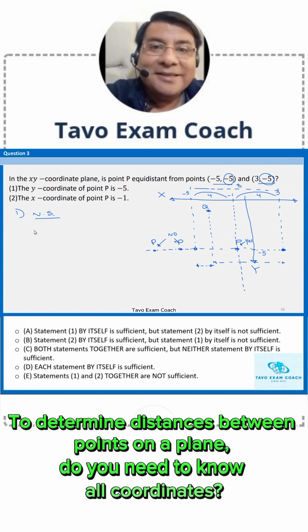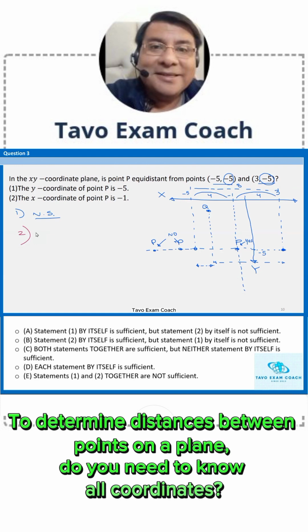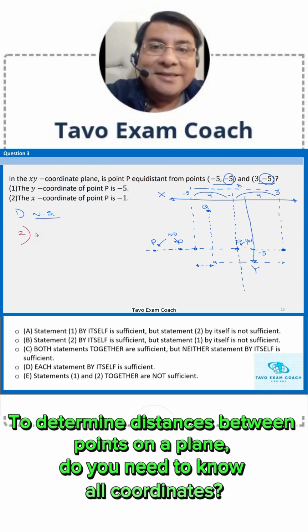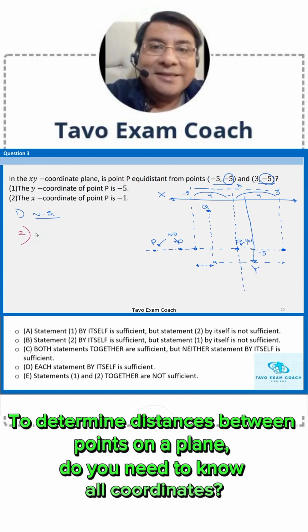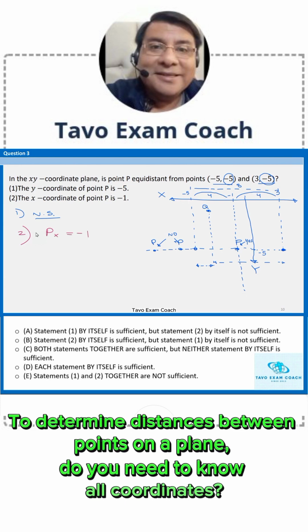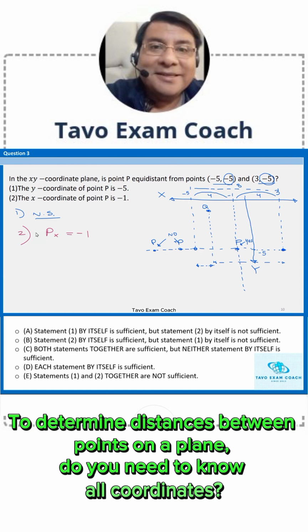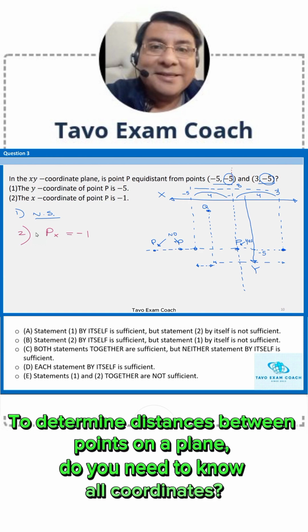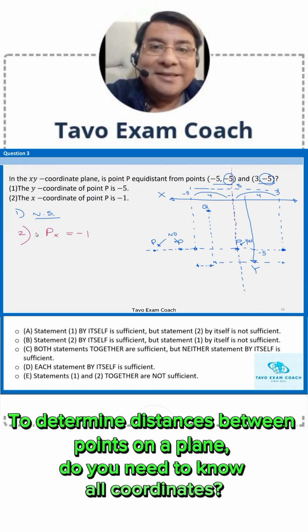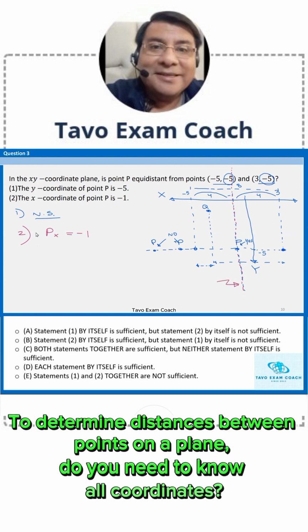What about statement 2? Statement 2 actually gives us the only coordinate of the point that is relevant to determine whether it is equidistant or not. Having that point P has a coordinate of -1 horizontally places the point somewhere along this virtual vertical line, which exactly crosses the x-axis at coordinate -1.